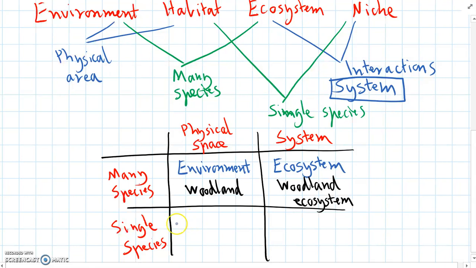Now if we're just looking at the physical space of one species, that's the habitat. And for the echidna, in its woodland environment, it lives on the ground, under trees. So the habitat is the specific place where one species lives.